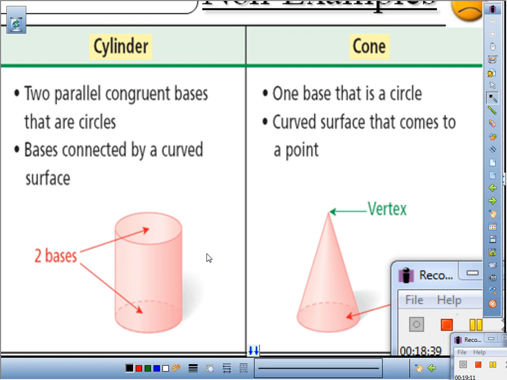All right. Who said that they do not have faces? That is correct. This wraps all the way around, and this wraps all the way around. We just call it a surface, but it's not a face. Everybody with me? Now let me show you how to sketch these non-examples.